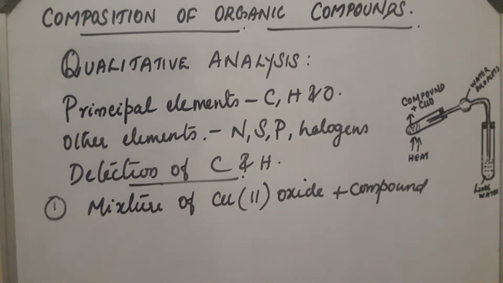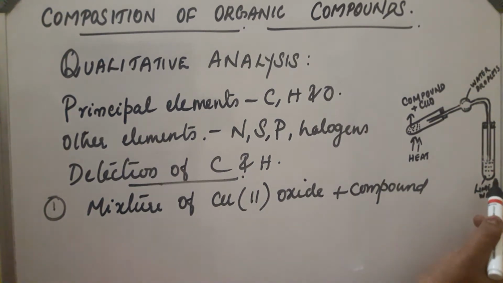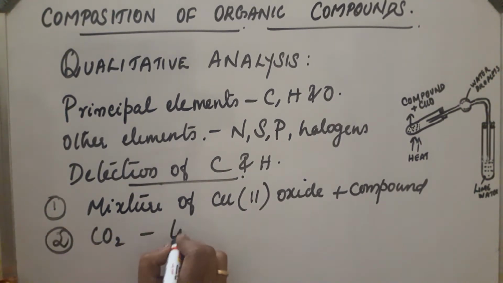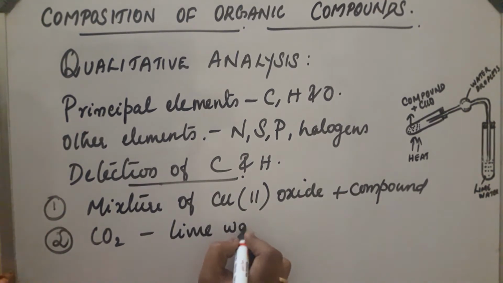When we are heating the mixture, if carbon is present in the compound, it gets converted into carbon dioxide, which can be shown in the lime water. The test for carbon dioxide is that it turns lime water milky.